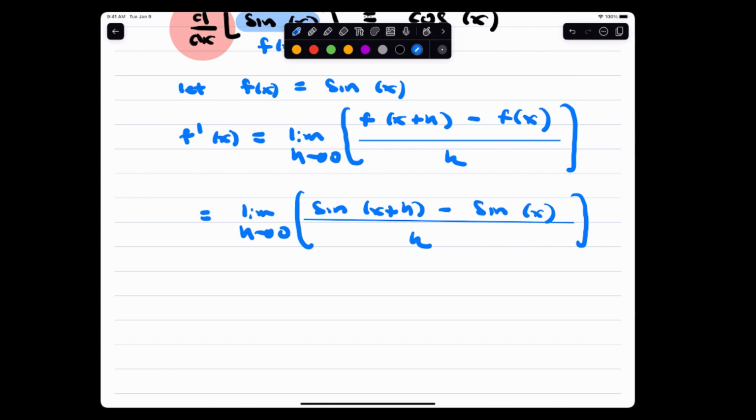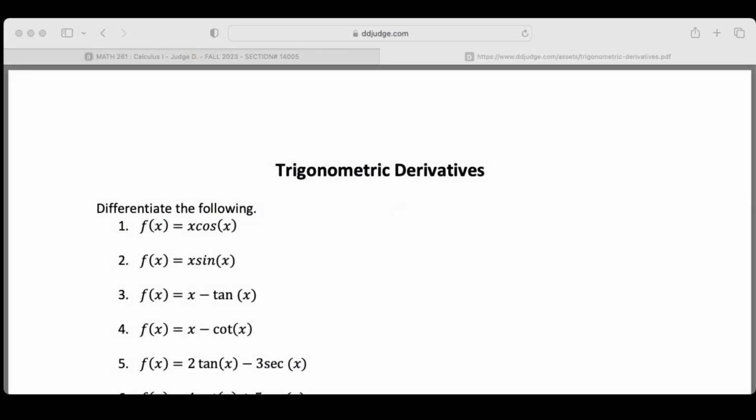Okay? So I want you guys to focus over here on sine of a sum. You guys okay with that? Now, I was sharing this morning with the trig class.